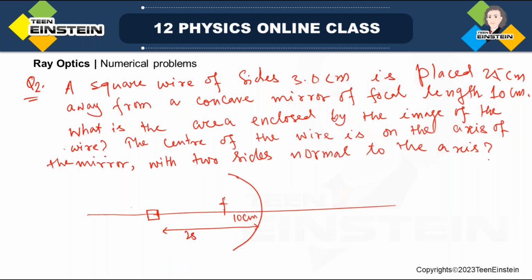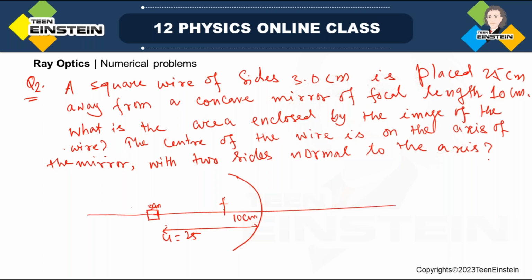This is actually 25 centimeter, and this is 3 centimeter side. So here the question is, if the image is formed, then what will be the area enclosed by the image? So this is u, with the minus sign over here. See, how do we solve this problem?